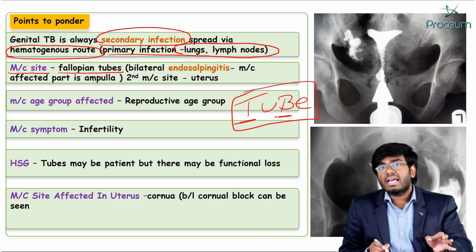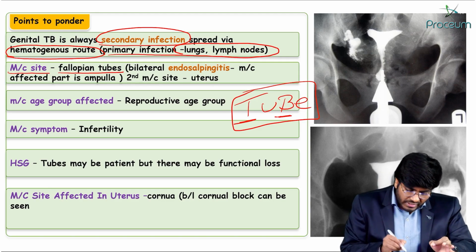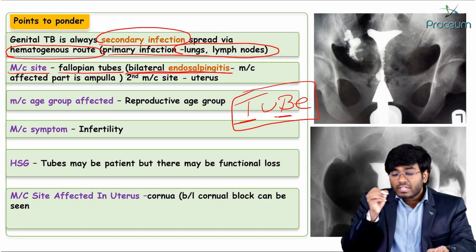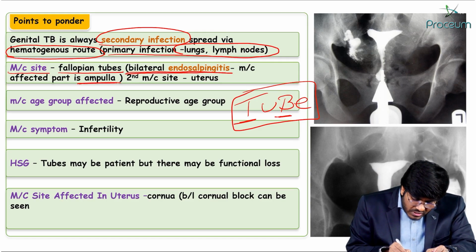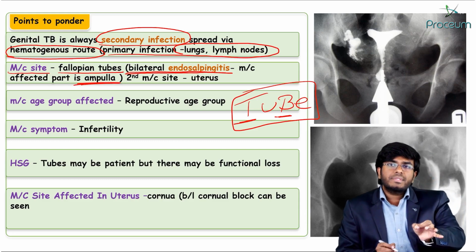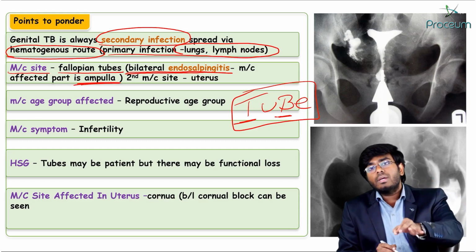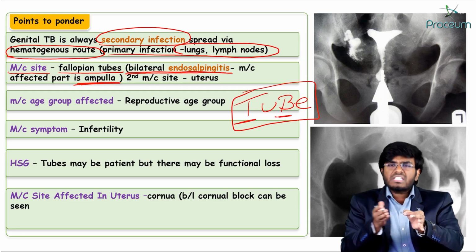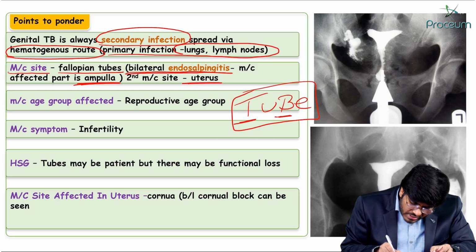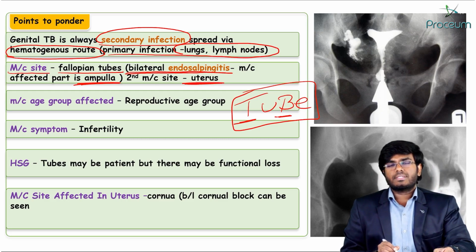If the person has genital tuberculosis, there is bilateral endosalpingitis, and even in the tubes, the ampulla is the most common part affected. And from the fallopian tubes, the infection can spread into the uterus. So the second most common site of genital tuberculosis is the uterus.